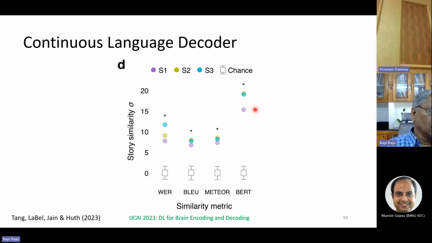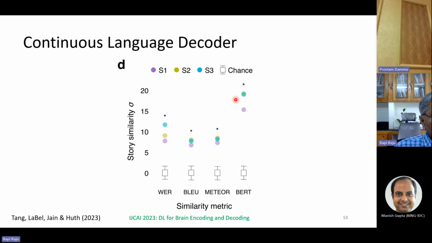Right. So on all of this, what is shown here for the three participants, the story similarity that is based on the decoder, they are well above chance level, and the star tells you if it is statistically significant. There is a false discovery rate metric that is computed, estimated.